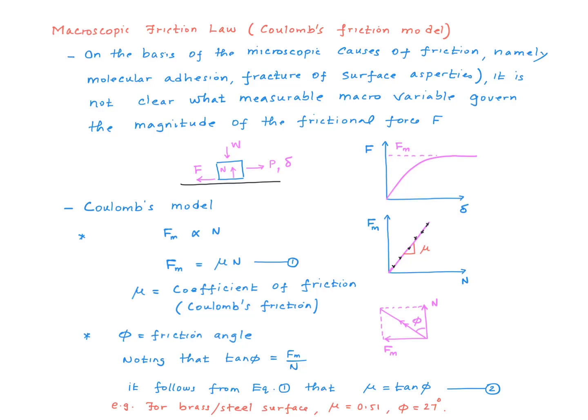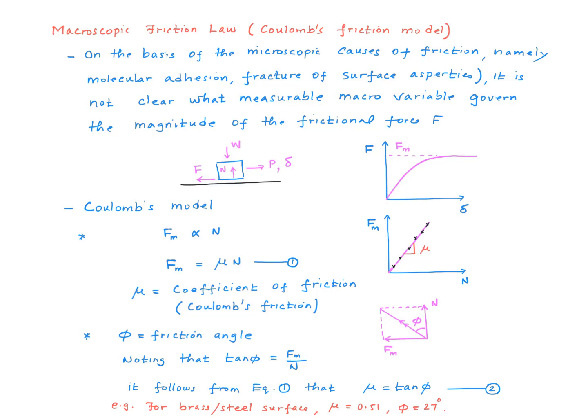In view of the microscopic origin of friction, which includes molecular adhesion and surface roughness and all that, this result seems kind of surprising, right? But it is true. It is surprisingly, very accurately true. So here we are not looking at all these microscopic regions, right?